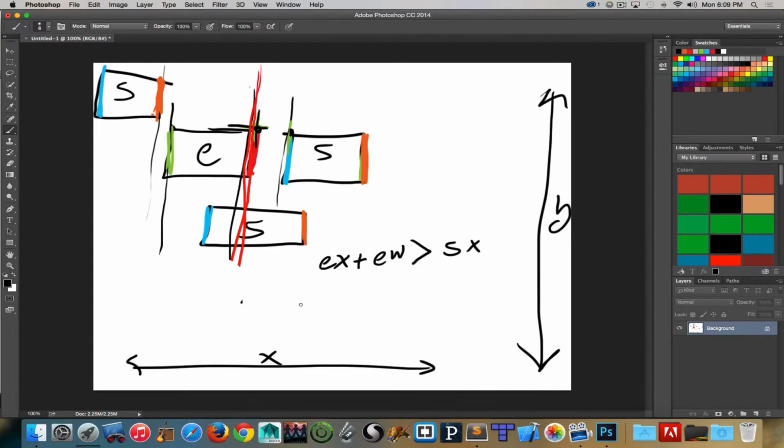Is the enemy's x going to be less than the sprite's x plus the sprite's width? Because if this is the sprite, its x plus its w brings us out to that point there.